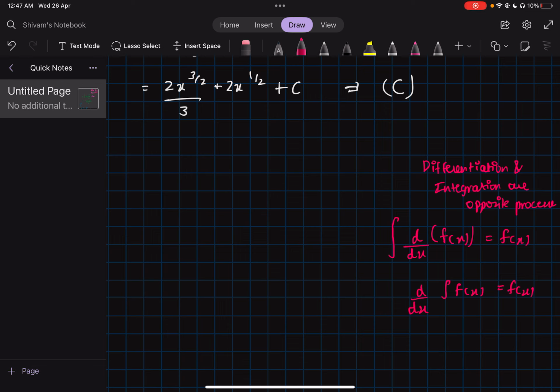So what the 22nd question is, I'm just going to write it down. It's saying that the derivative of f of x is equal to 4x cubed minus 3x to the power 4, and that it's also given that f of 2 is equal to 0, and then we need to find f of x.